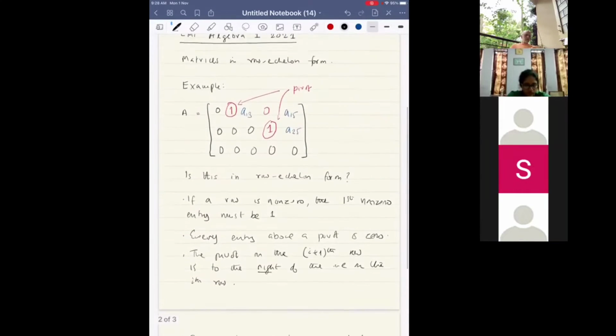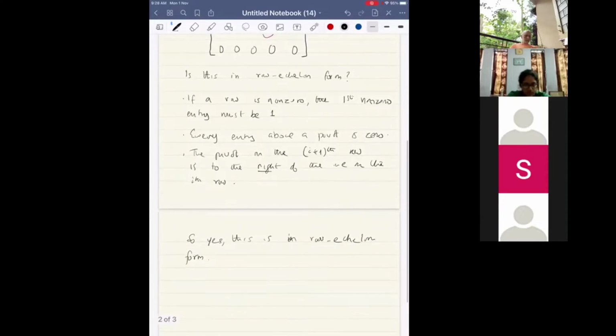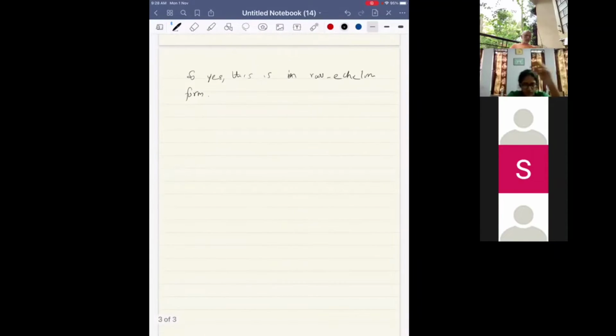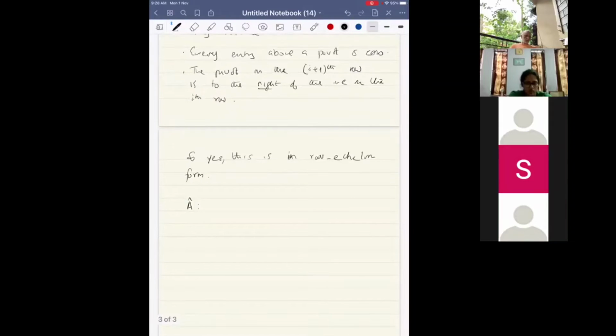Okay, so now I want to look at the corresponding linear map A hat. Where does the corresponding linear map go? It goes from some vector space to some vector space. So what are those vector spaces? Space of column vectors. Of what length?